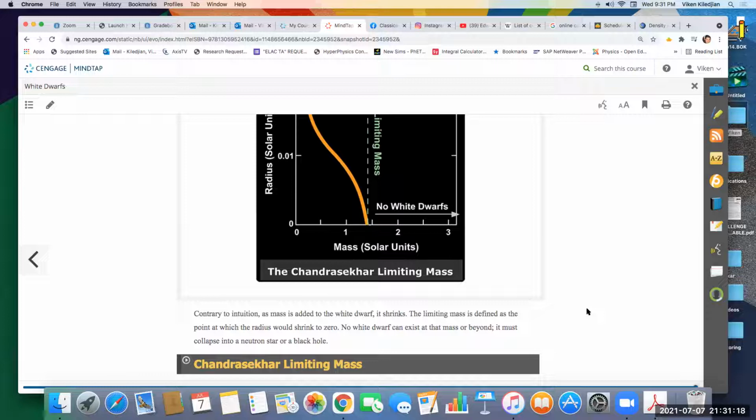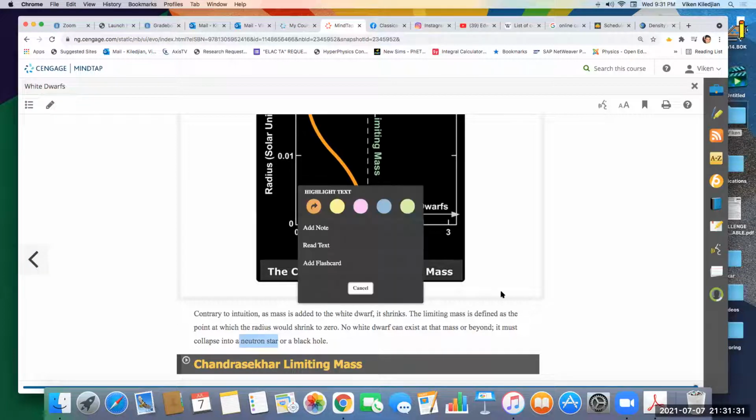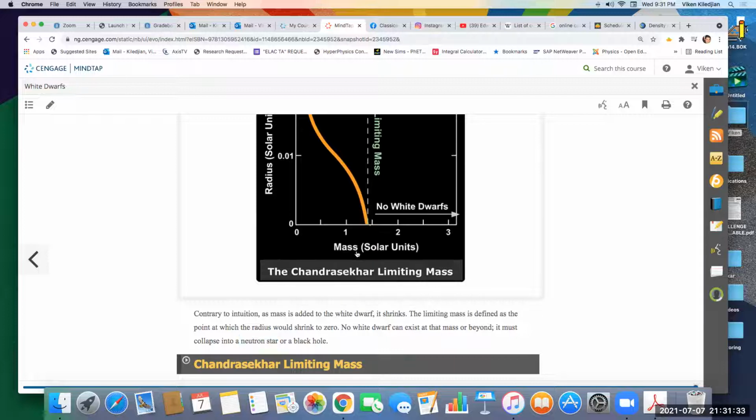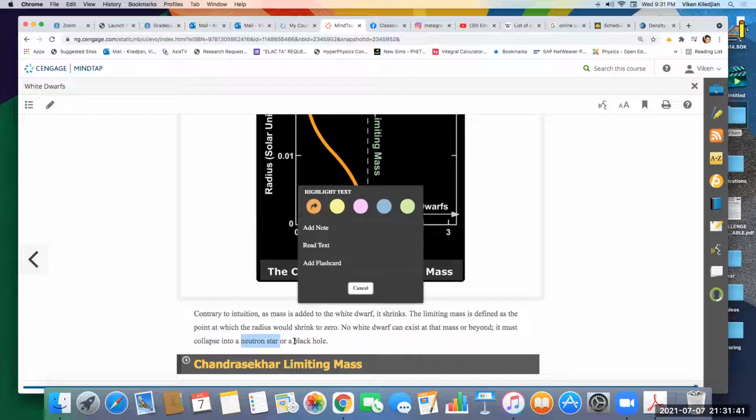It's like black charcoal, essentially, dead black charcoal. But this is just saying, if I were to add mass to a white dwarf beyond the Chandrasekhar limit, then I could potentially make it turn into a neutron star, or eventually a black hole if I add too much mass.